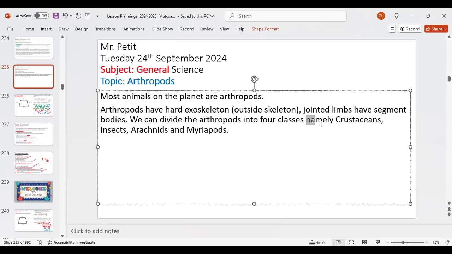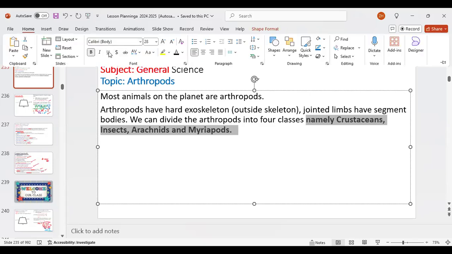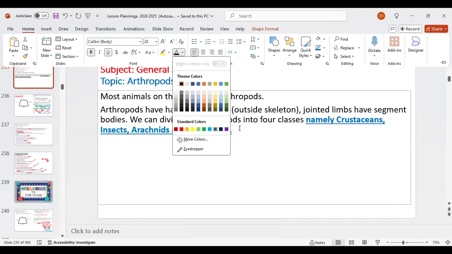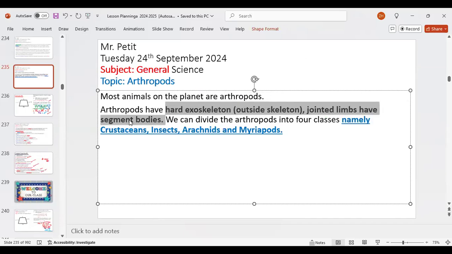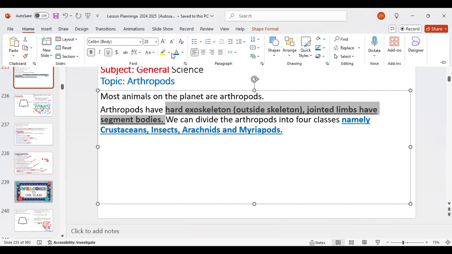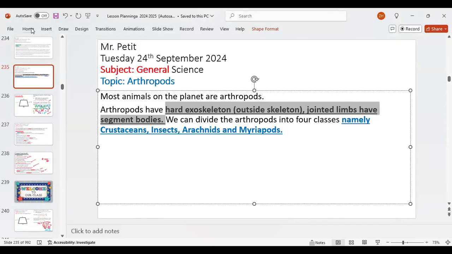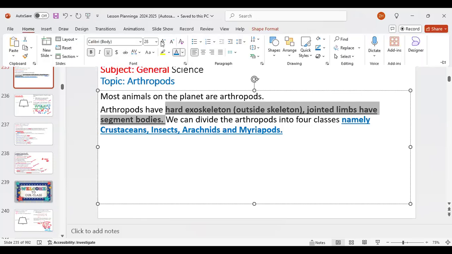So the 4 classes of arthropods are what? Crustaceans, insects, arachnids, and myriapods. Very good. And the 3 characteristics that are essential are hard exoskeleton, segmented bodies, and jointed limbs.